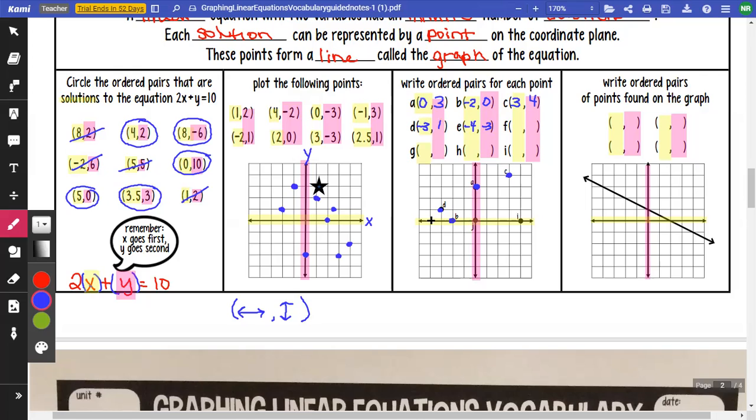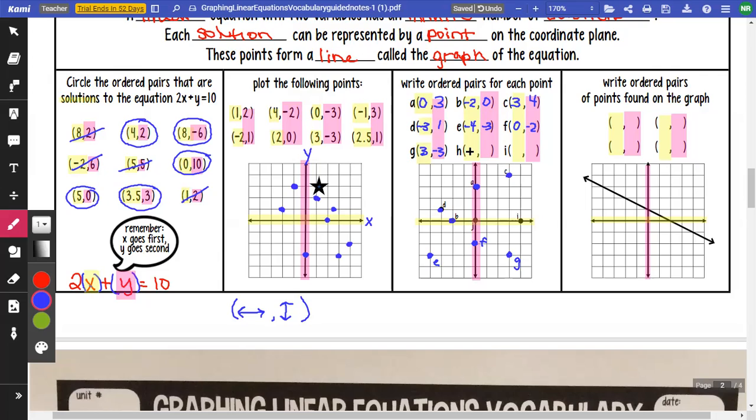So we're going to go left 4, down 3. Here's E. F is supposed to be 0, negative 2. So we're not going to go left and right, but we are going to go straight down. G is supposed to be 3, negative 3. That means right 3, down 3. There's G.